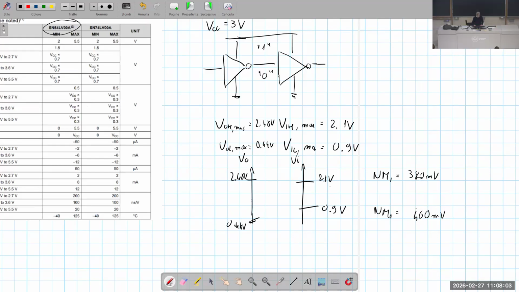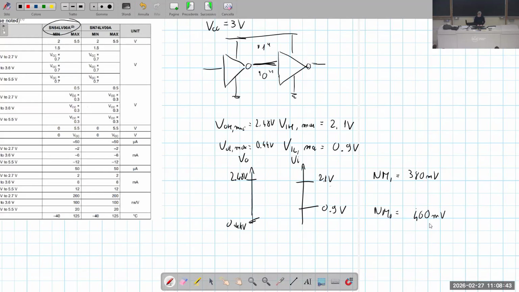It means that if we are at the high level and we add some noise with an amplitude that is less than 380 millivolt, no problem. The logic level is successfully recognized as a high level. Similarly, at the low level, if we have some noise which corrupts this signal, and it has an amplitude below 460 millivolts, the transmission of information is successful.